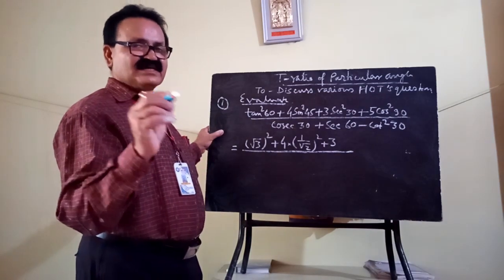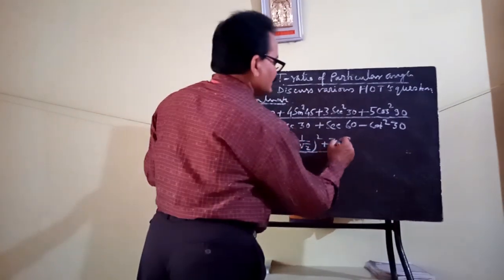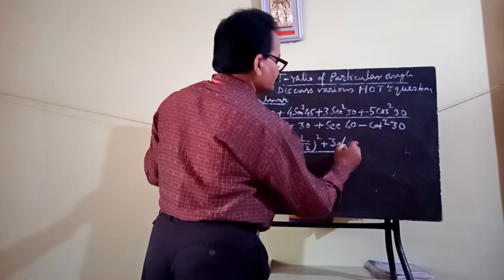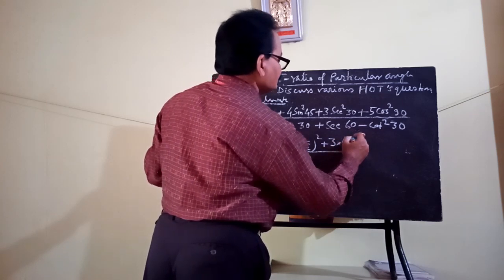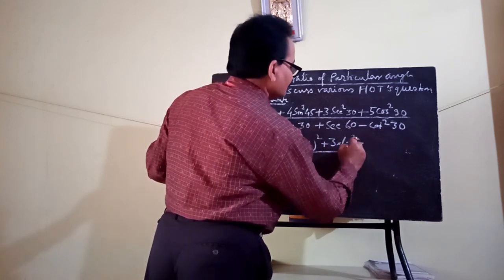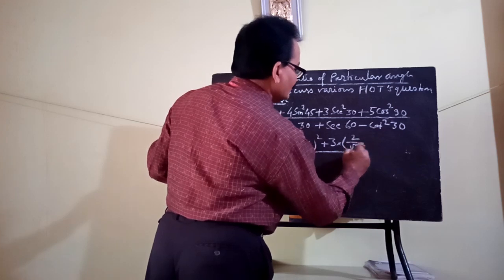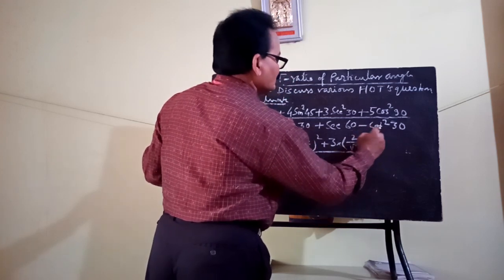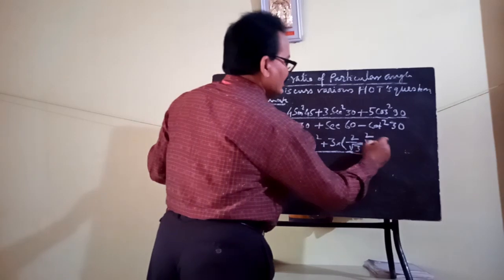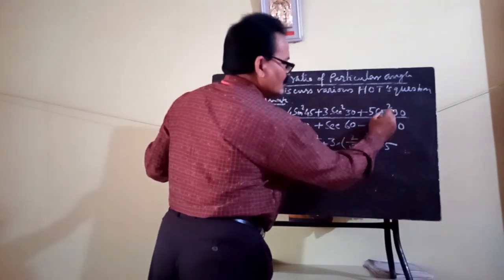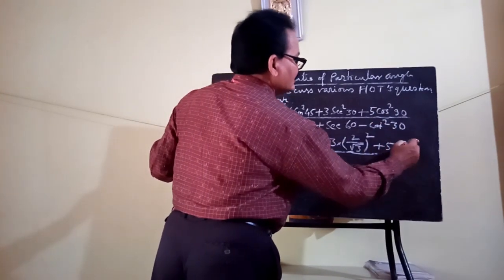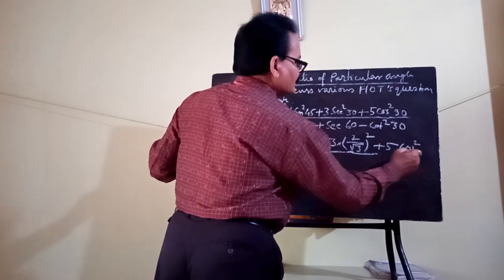You know sec 30 is 2 by root 3. Then put whole square. Again plus 5, cos 90 is 0, so this is 0 square.